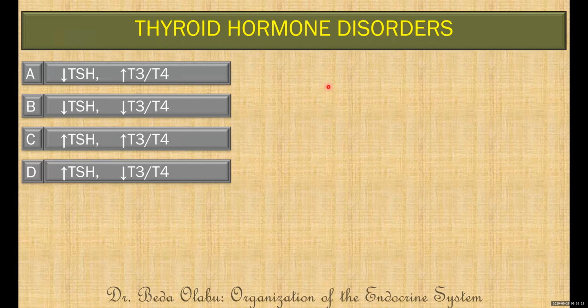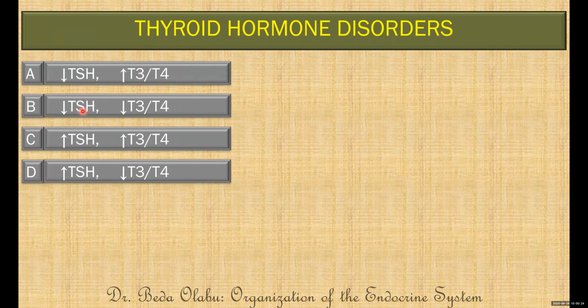So I'm projecting to you some 4 clinical scenarios. In the first one, the patient has low levels of TSH and high levels of T3 and T4. So just use this arrow to know whether it is low or high for TSH and T3, T4.